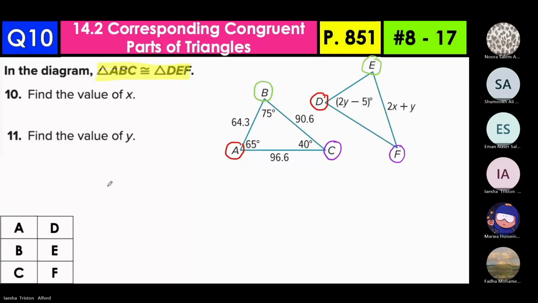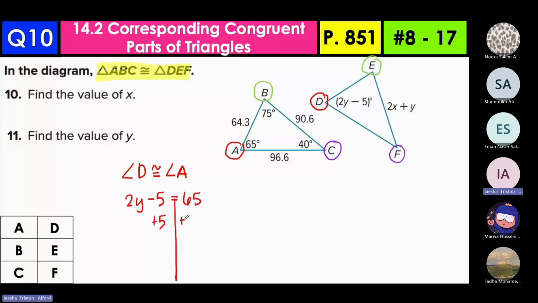Why? Because angle D is congruent to angle A. So 2y subtract 5 is equal to 65. Add 5 to both sides. 2y is equal to 70.